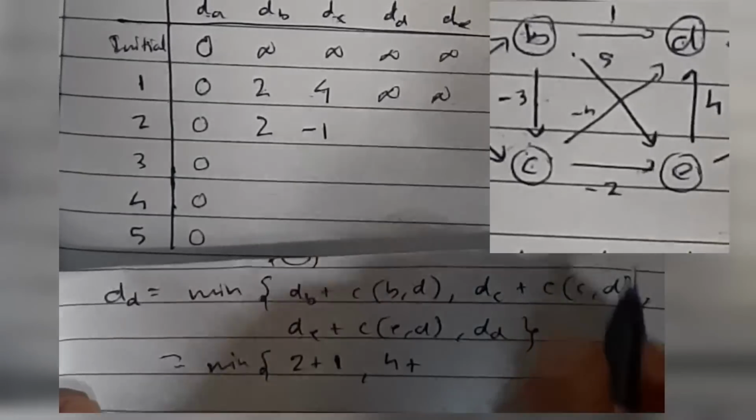See here, what is the value of dB? See the previous value of dB, it is 2. 2 plus cost of B to D, it is 1. 2 plus 1, comma dC, what is the previous value of dC? 4. 4 plus cost of C to D, what is the cost of C to D? It is minus 4.